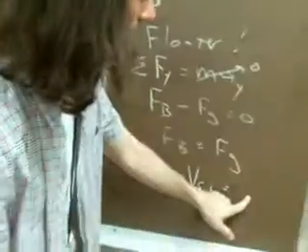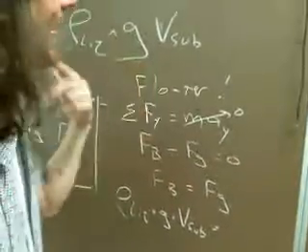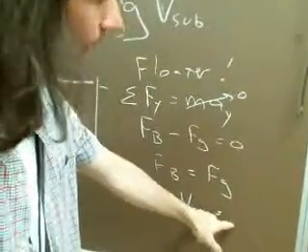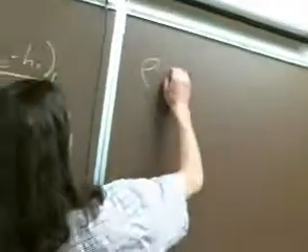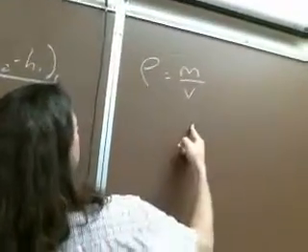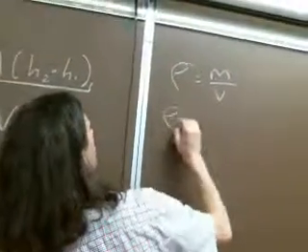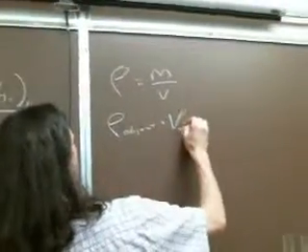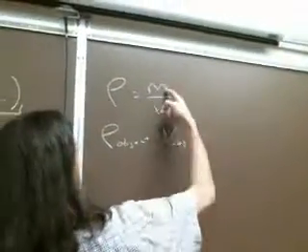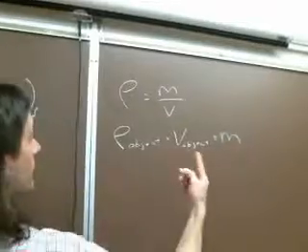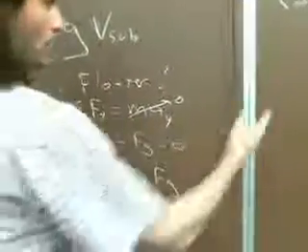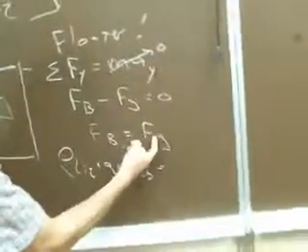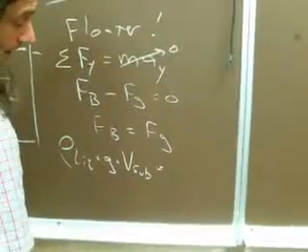Sometimes, though, instead of using mg, another way to say m is, remember the density formula up here? The density of anything is mass divided by volume. What if I do rho of the object times the volume of the entire object? That would equal the mass of the object. So down here, instead of just calling it mg, you've got options, it doesn't matter.